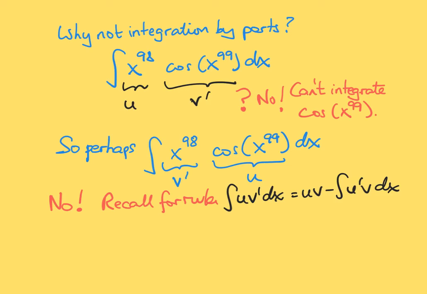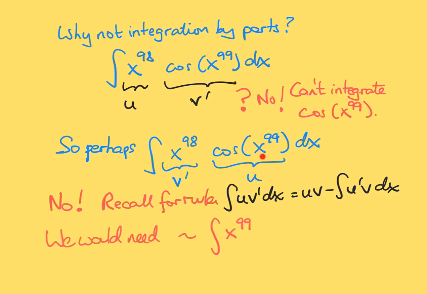So the integral that we would get, or would need, is something like, and there'll be some numbers which I'm not going to bother with, you can trace them out if you would like, x to the 99, and that has come from integrating v prime to get v. So we've increased the power by 1.